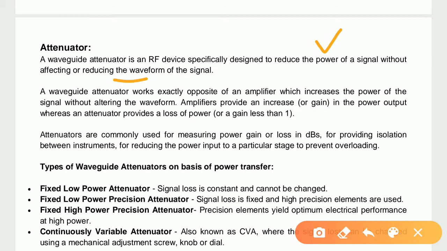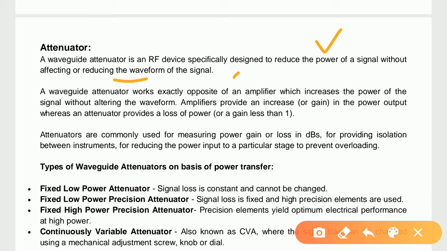Then a waveguide attenuator works exactly opposite to an amplifier. As we all know, the function of an amplifier is to increase, or boost, the power of the input signal, without altering the waveform.